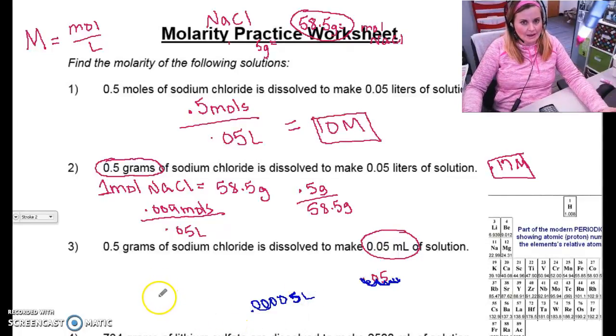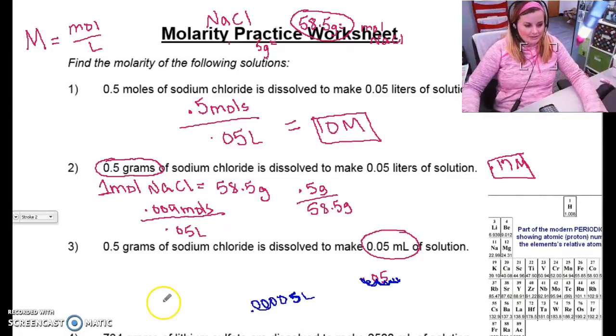It has to make common sense, and that's how I realized I had screwed up there, because this is going to be a lot less than a liter. If I would have moved it the other direction, I would have said, wow, 0.05 milliliters is equal to, I don't know, like 50 liters. That's crazy, because it's not real. I obviously screwed up on that one.